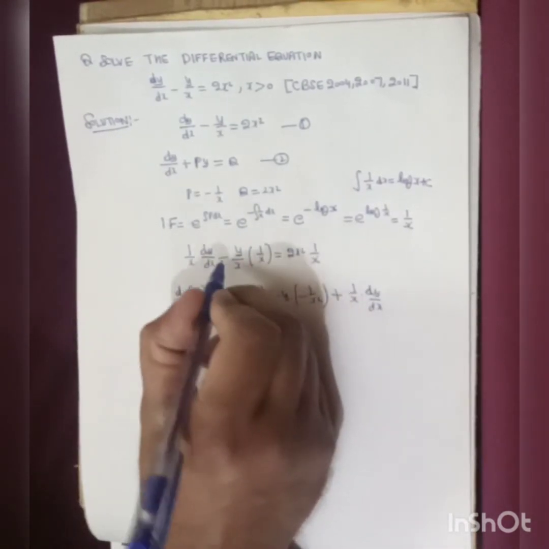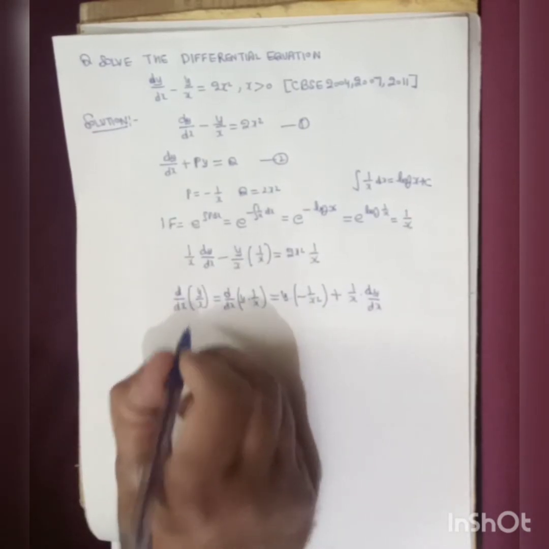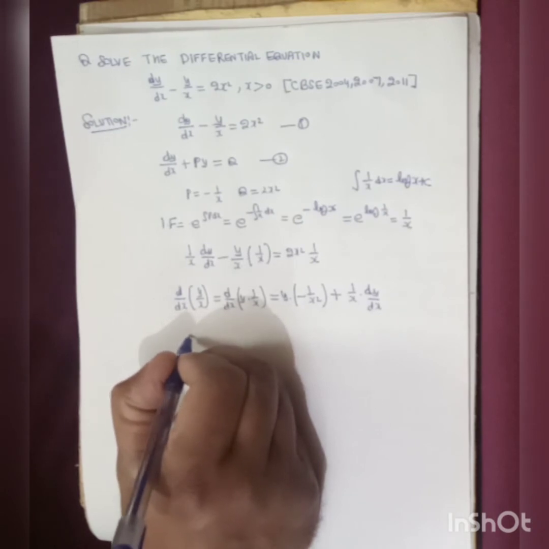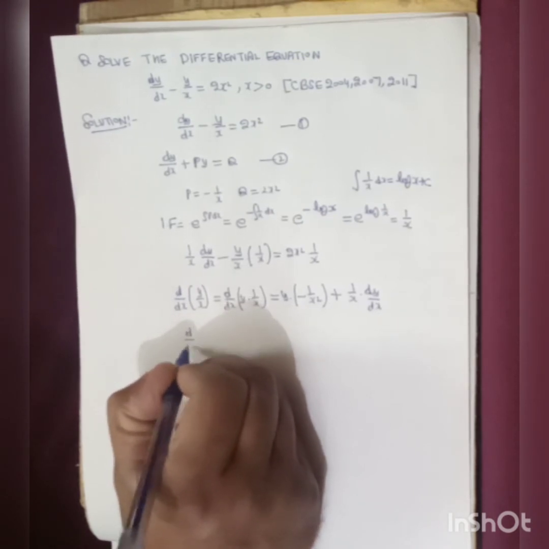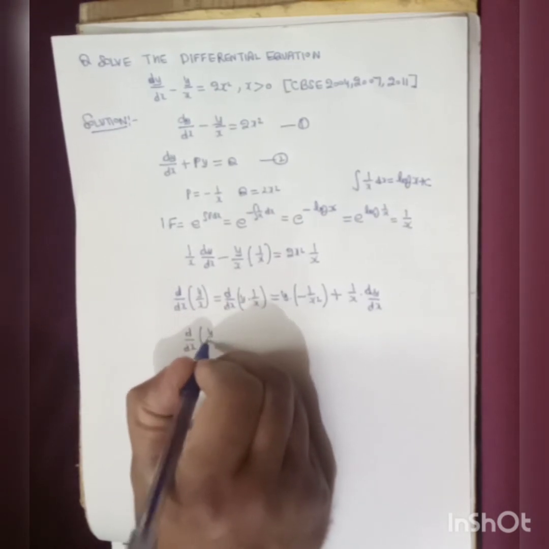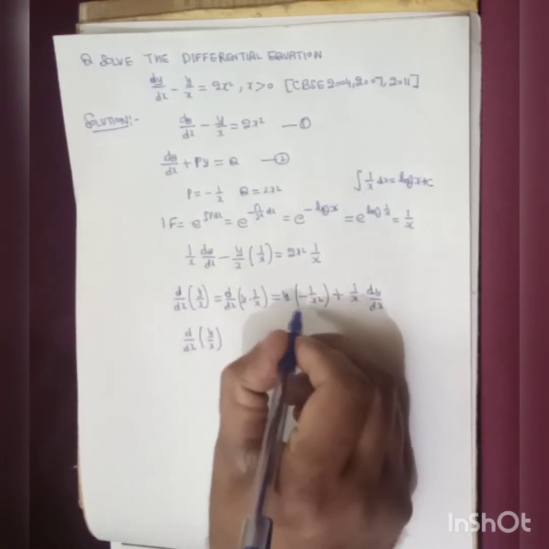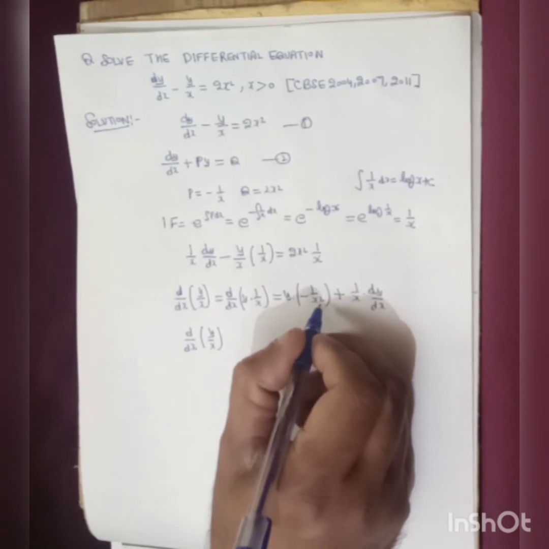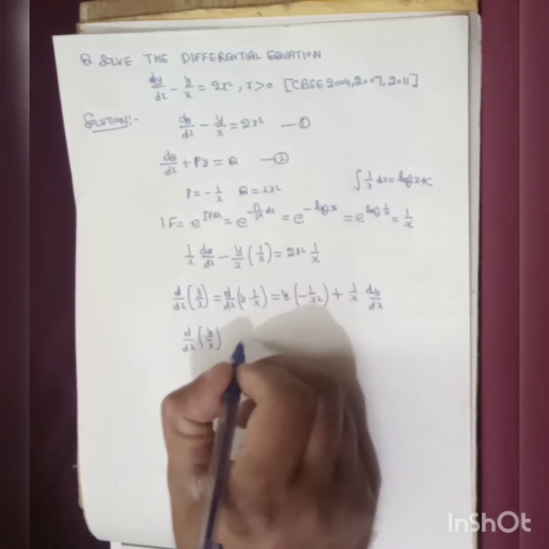So the left side can be written as d upon dx of y over x, which is minus y over x square plus 1 upon x dy over dx.